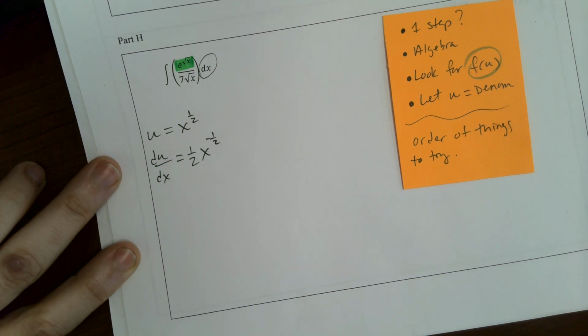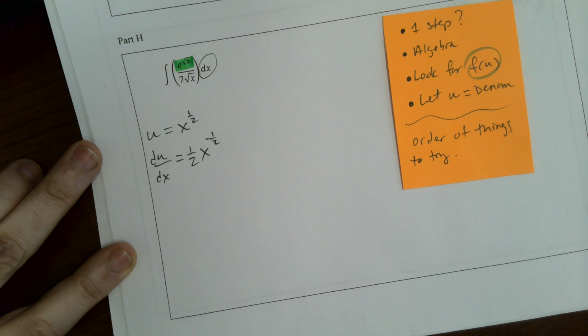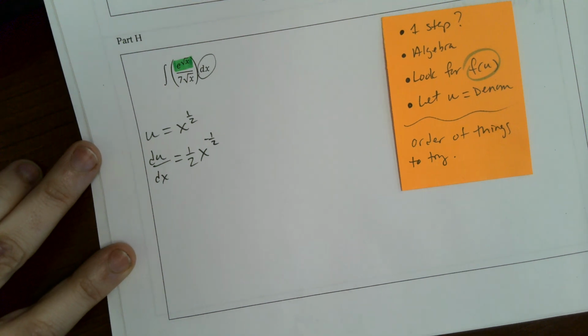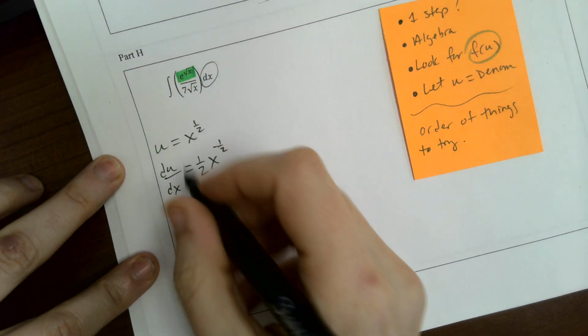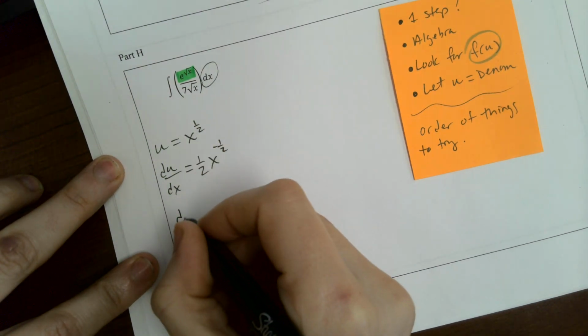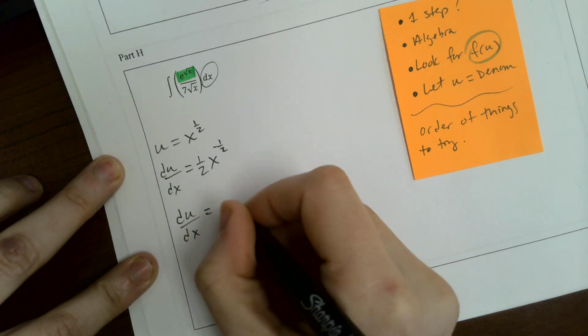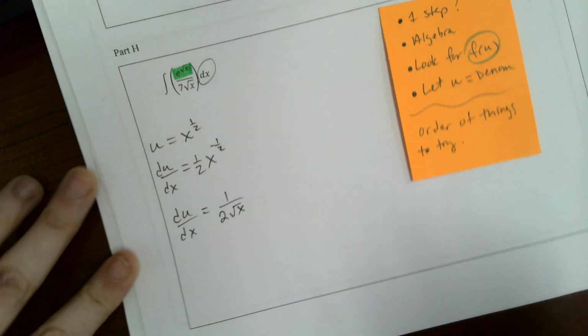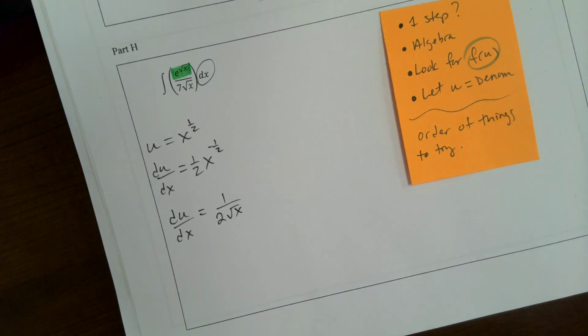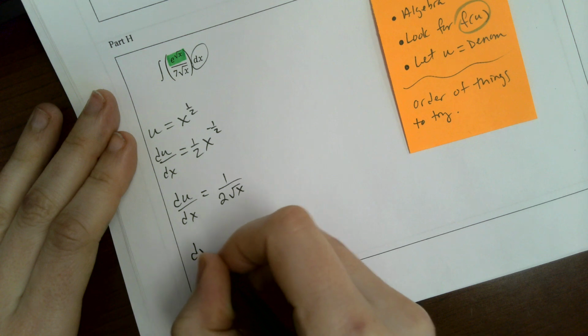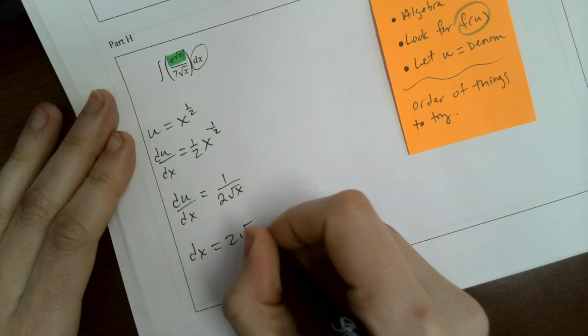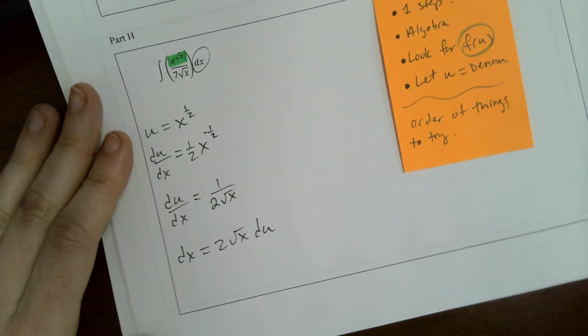But if you have fractional or negative exponents, in this case we have both, you have to convert to a different form. We'll do radical form. It's in the bottom. So I'm going to multiply both sides by dx, but also by the other denominator. So I'm getting dx is 2 square root of x du.